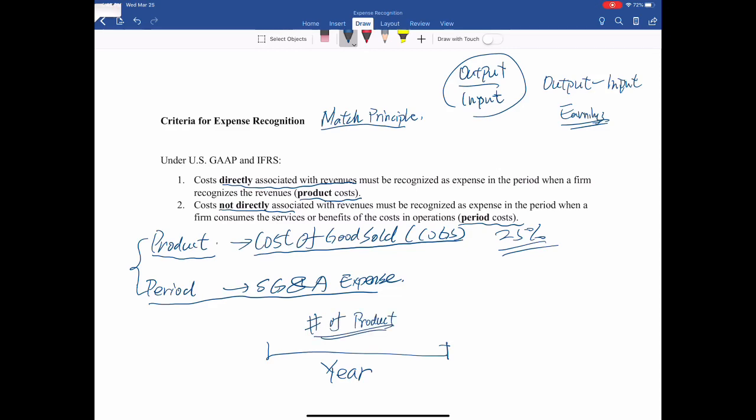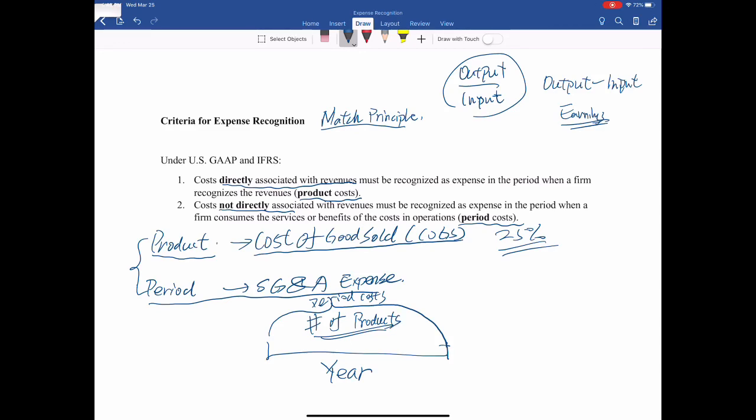To sell these products, the firm must incur costs such as manager's salary, bad debt expense, R&D, maintenance, advertising, and marketing. For a certain amount of products, the firm also incurred a certain amount of period cost, and the cost is matched to the sales of product during this year.